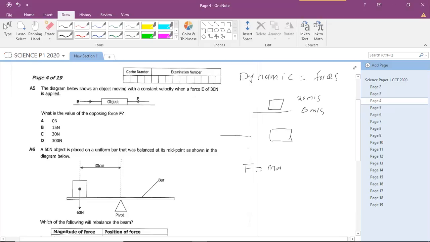So if we have got a force of 4 newtons in that direction, and we have got a force of 2 newtons in the opposite direction. So this one's acting on this side, the other one is acting on the opposite direction. Our resultant force will be 4 newtons plus negative 2 newtons, and we're going to get 2 newtons to the right.